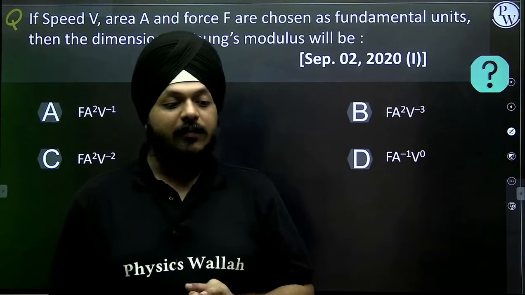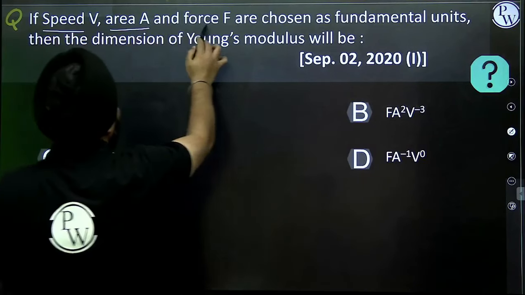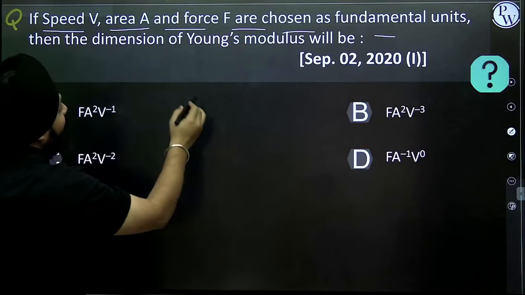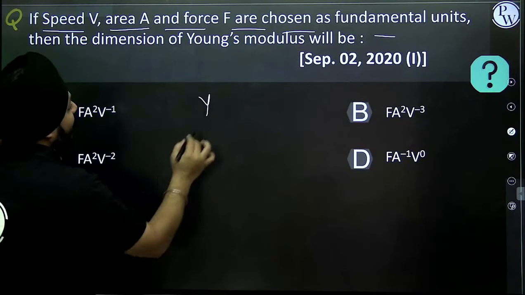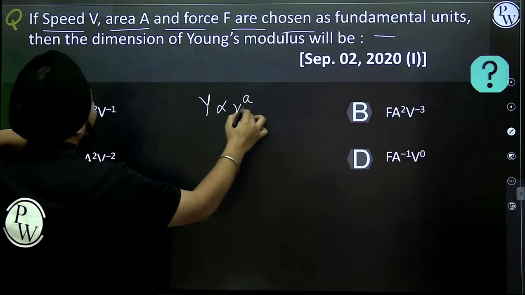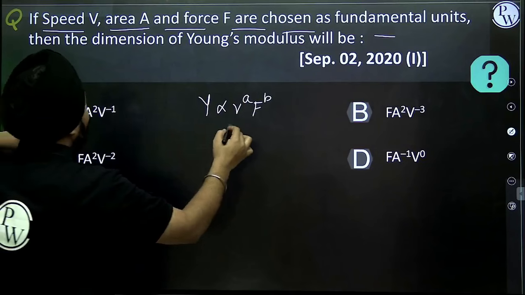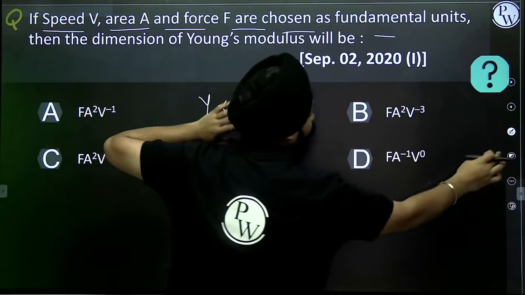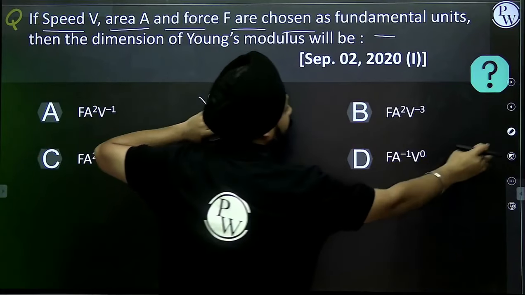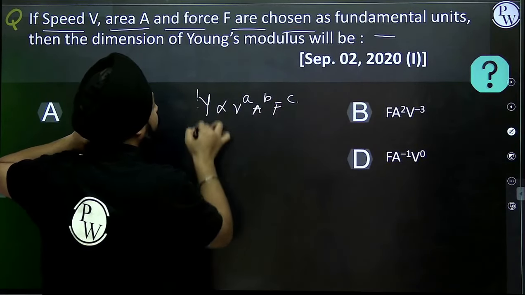The first question appears in front of you all. If speed V, area A and force F are chosen as the fundamentals, Young's modulus Y depends on speed, area and force.